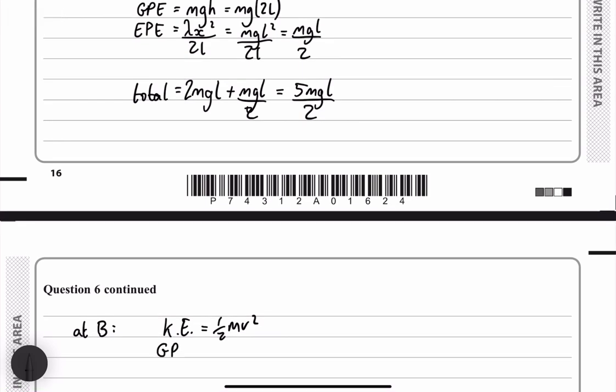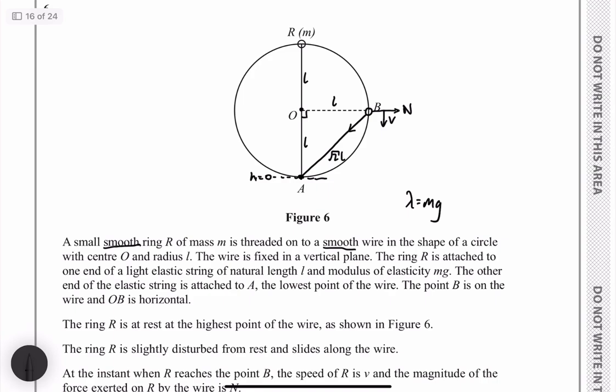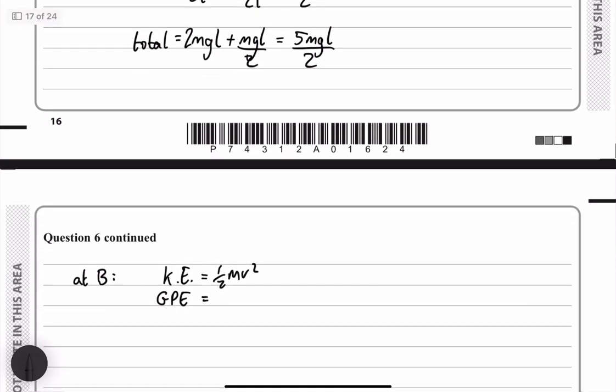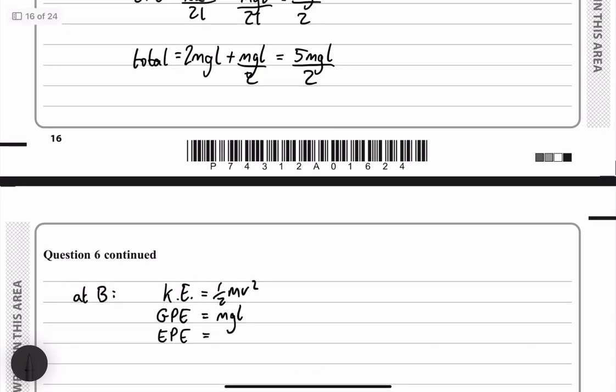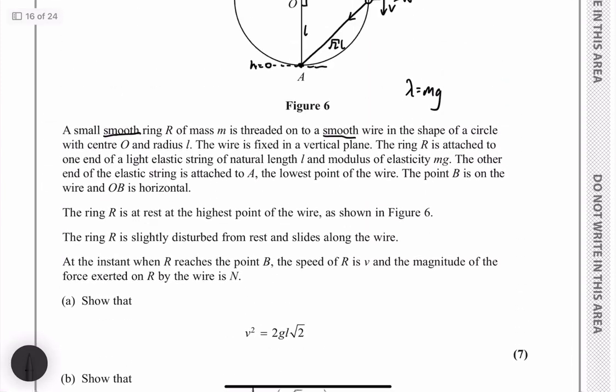Gravitational potential energy, compared with A, the vertical height of this is L, so that's mgL, and the elastic potential energy is the same as it was, lambda x squared over 2L, but now x is different.